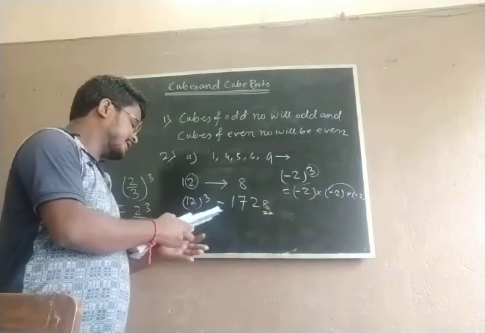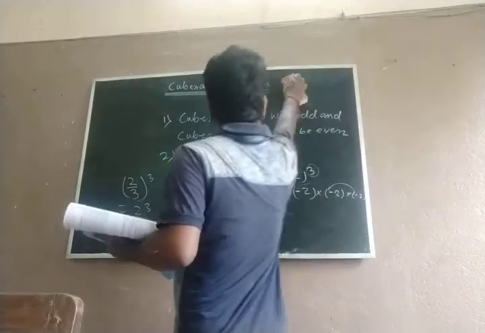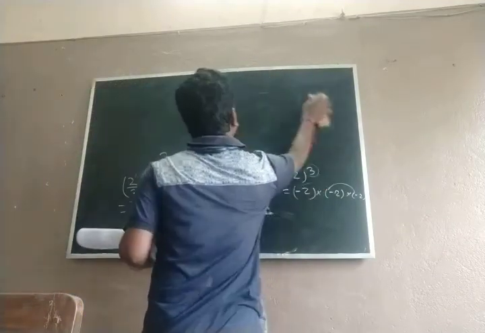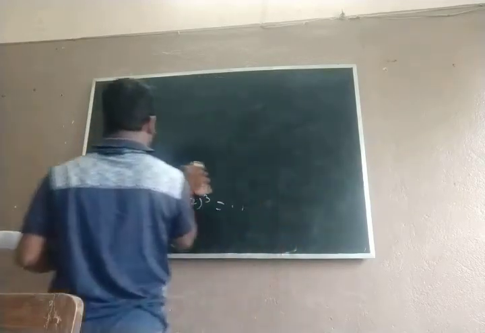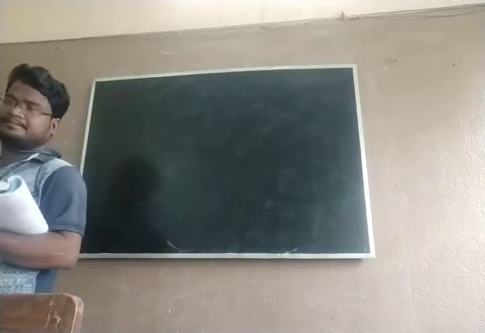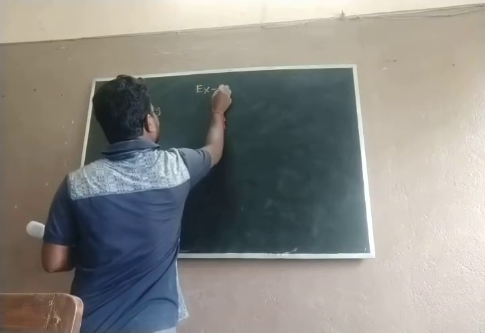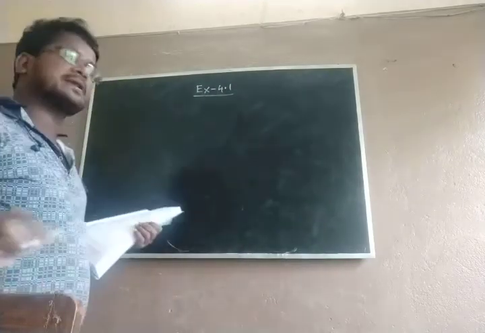So let's see exercise 4.1. Which of the following numbers are not a perfect cube?